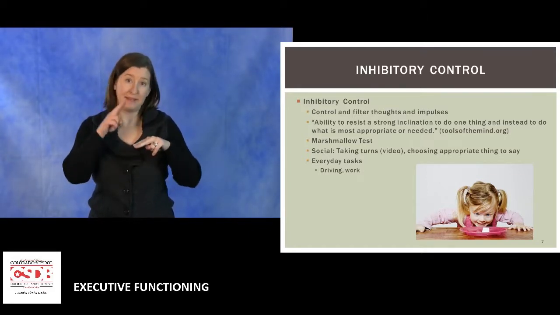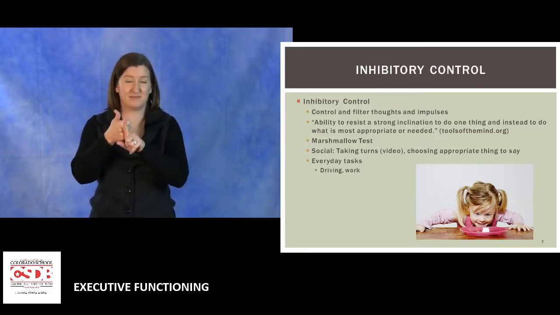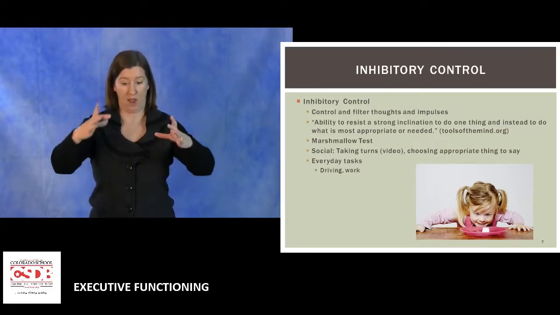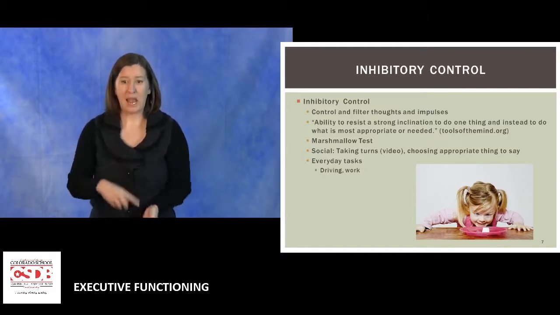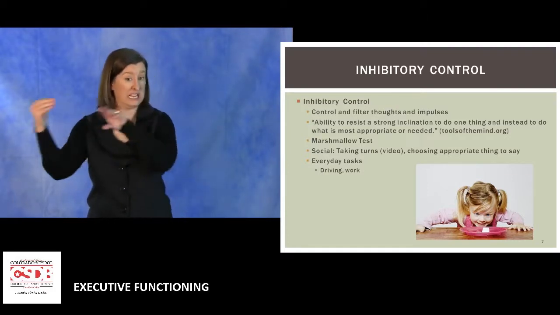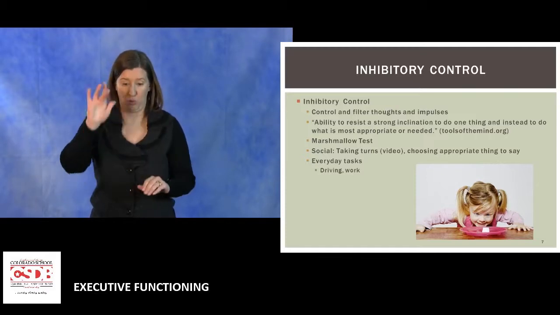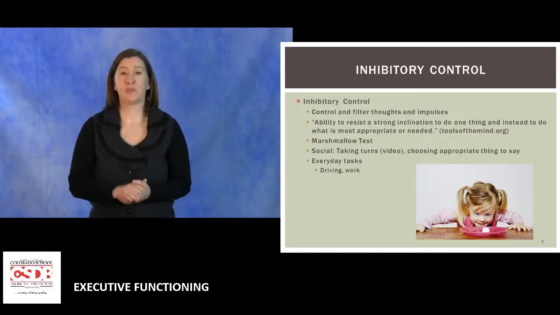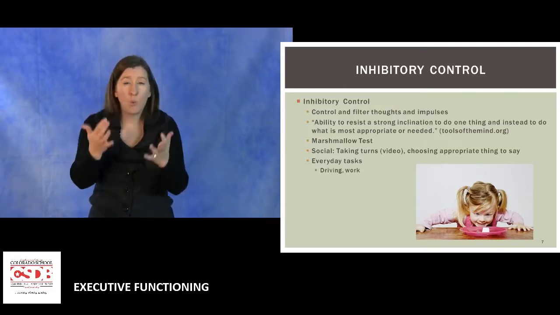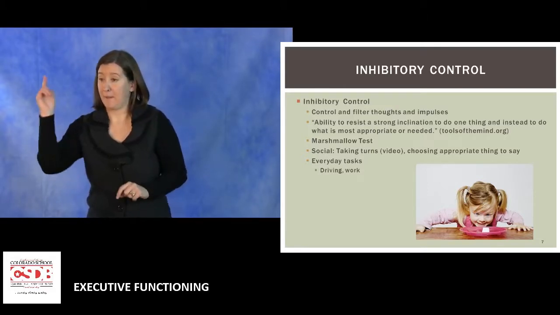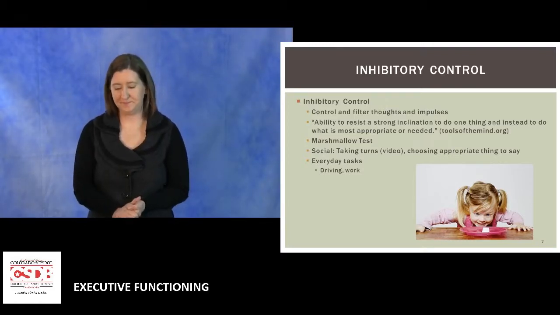So researchers thought it would be fun to look at how kids can control themselves. So they put one plate with one marshmallow, and they told the kids, I'm going to leave, and if you need to eat the marshmallow, ring the bell. And I'll come back, and then you can eat it. If you can wait until I come back, then you can have 2 marshmallows.